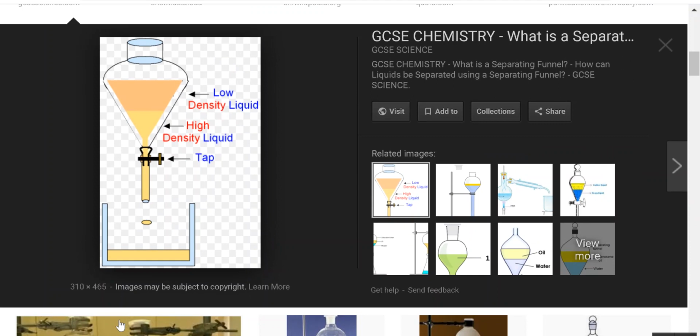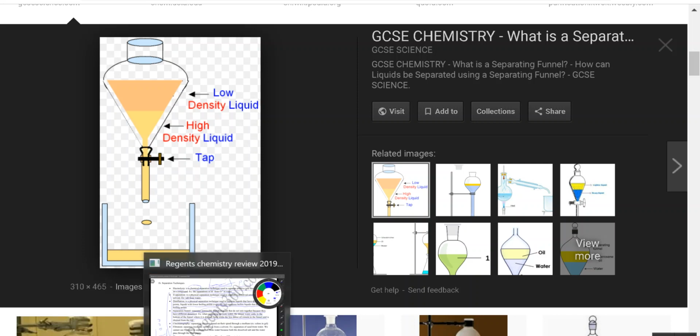You'll open the valve. Water will come out. And as soon as all the water is drained from the bottom of the funnel, you can shut off the valve and then flip the funnel upside down and the oil can come out of the top. That's pretty much it for separation funnel.